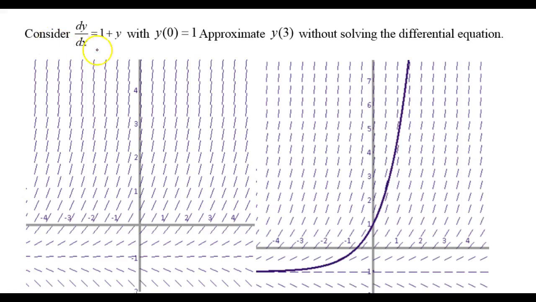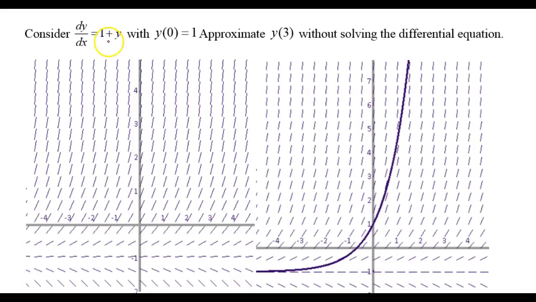Let's start by considering this differential equation, dy/dx equals 1 plus y, with this initial condition, y of 0 equals 1. I'm going to stop right there. We've been given a differential equation, so I can plot its slope field, which is this image off to the left. If it's separable, I can find a general solution. And it is separable.